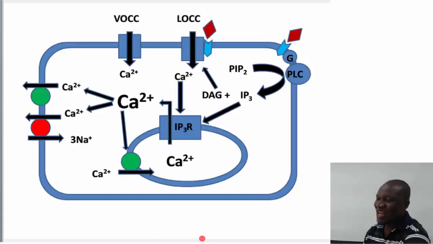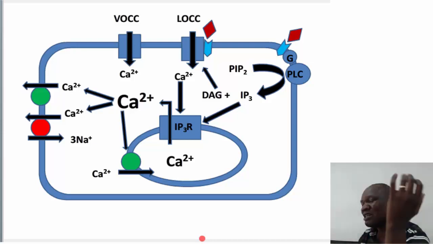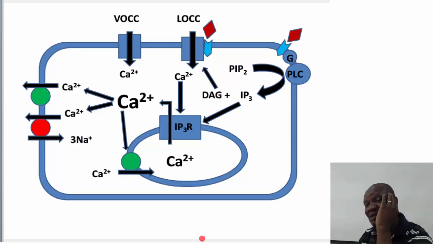Unlike the other excitable tissues where depolarization is due to sodium influx, in smooth muscle, depolarization is due to calcium influx. Now, there are various ways by which the intracellular calcium concentration can increase in the smooth muscle.